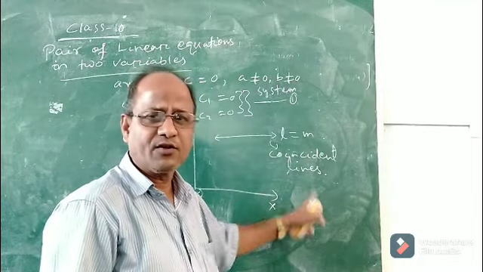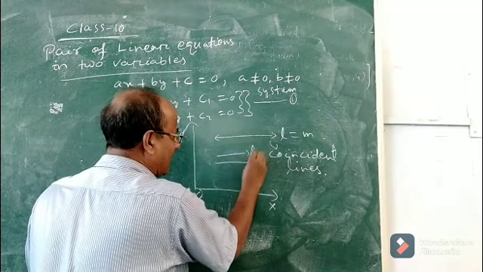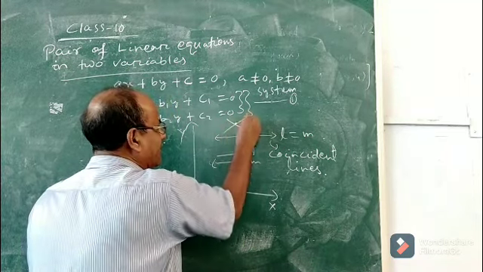So we say such lines are coincident lines. Okay. So children, in the second case I said they are parallel. In the first case I said they may be intersecting.